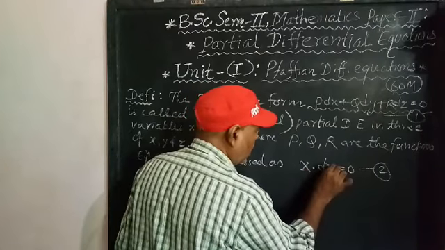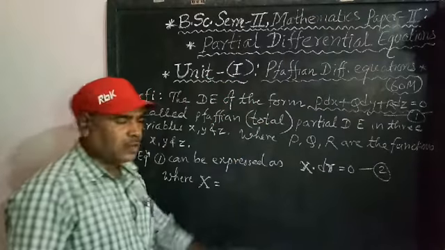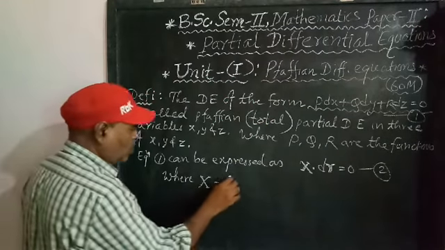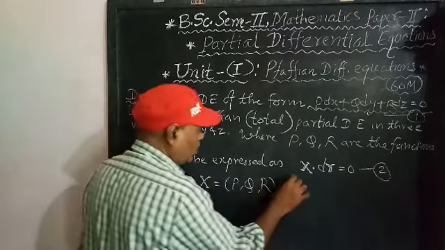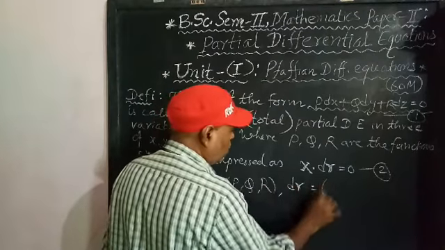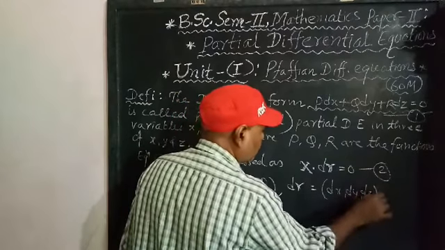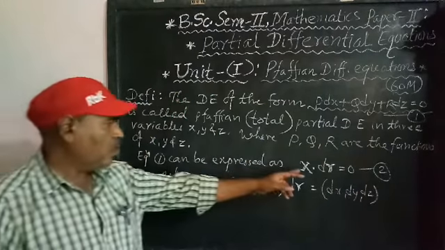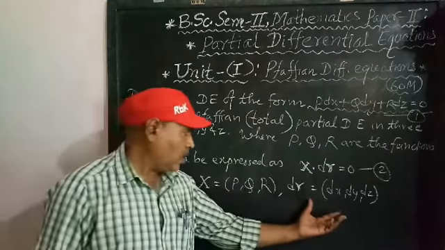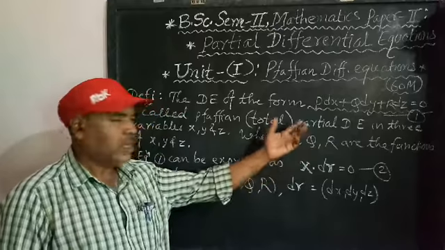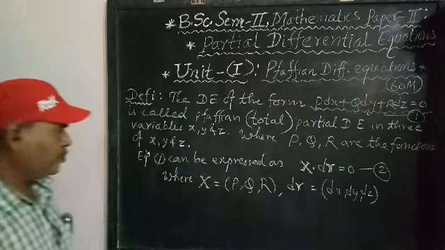Here I make r and X bold because they are vectors. Therefore X is given by the vector capital PQR and dr equal to dx dy dz. Therefore X dot dr, if I take the dot product, you will get the equation P dx plus Q dy plus R dz equal to 0.